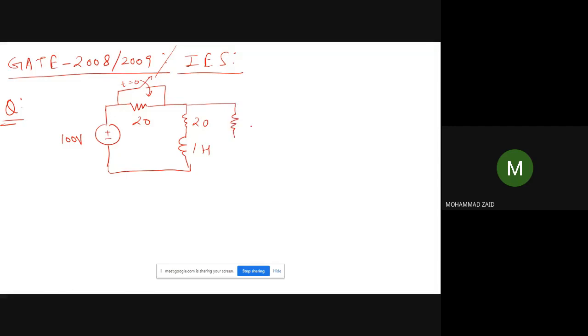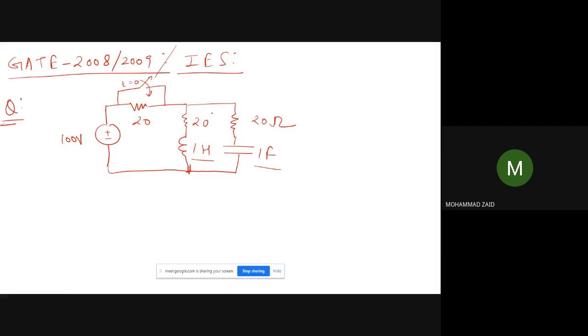Then a 20 ohm resistance plus 1 farad of capacitor. These values of 1 Henry and 1 farad are not practical values, but they are used in the circuits so that the circuit becomes easy to solve. Otherwise, the practical values may be in millihenry.